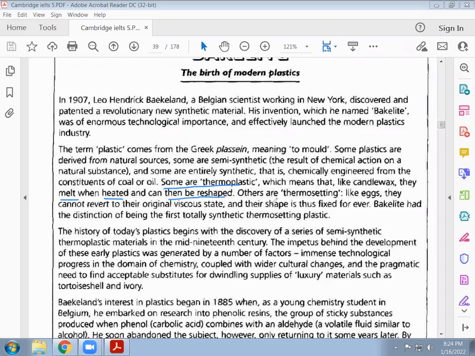Now this is the sentence that is giving us more of our question keywords. In the question, they said some plastics behave in a similar way to dash, in that they melt under heat and can be molded into new forms. So melt when heated, reshaped means molded into new forms.